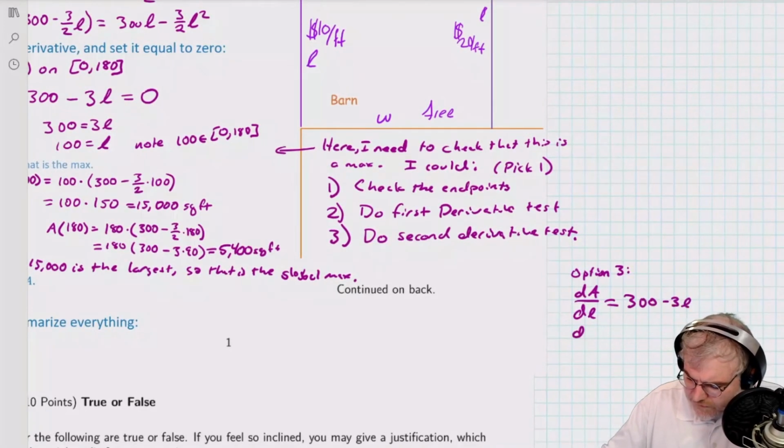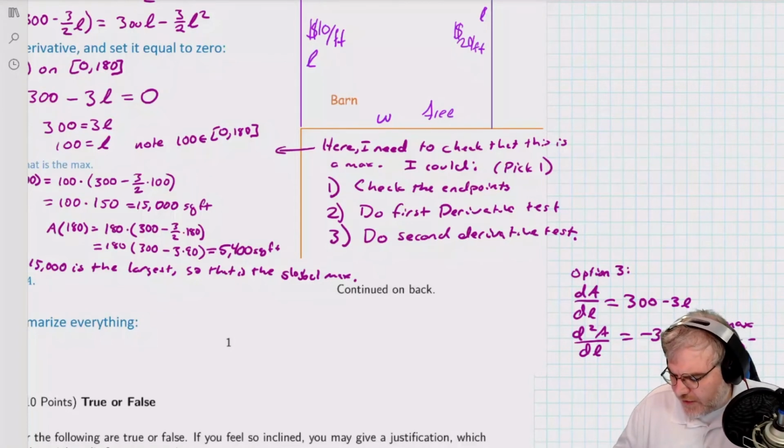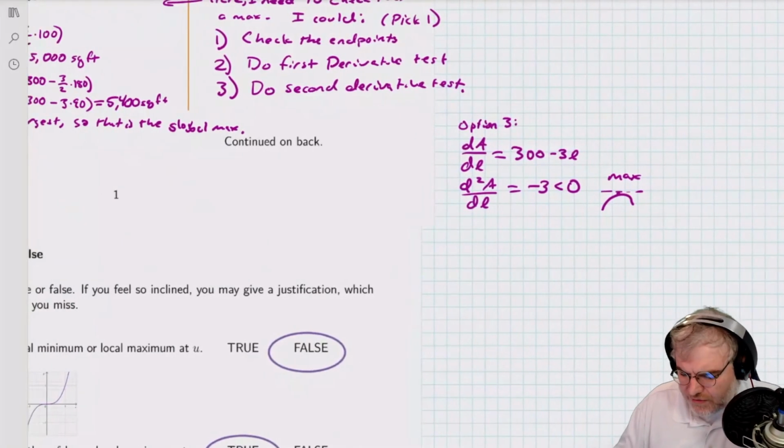So that means d squared A over dL squared equals -3, which is less than 0. Right? So I have a max. That's the fastest way to do this one, is just to do the second derivative test.